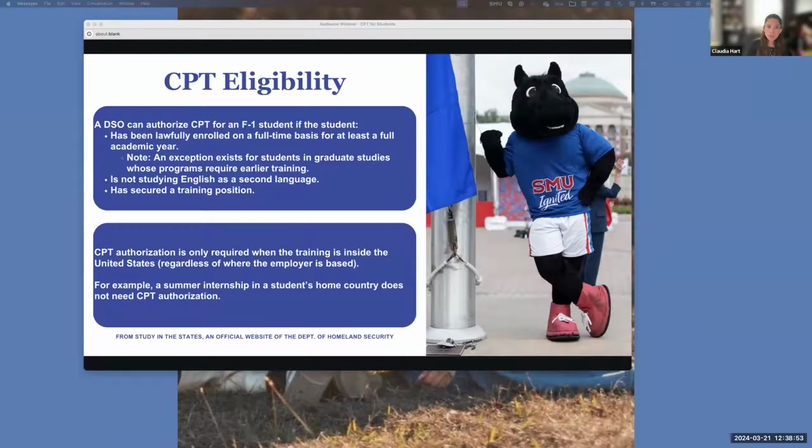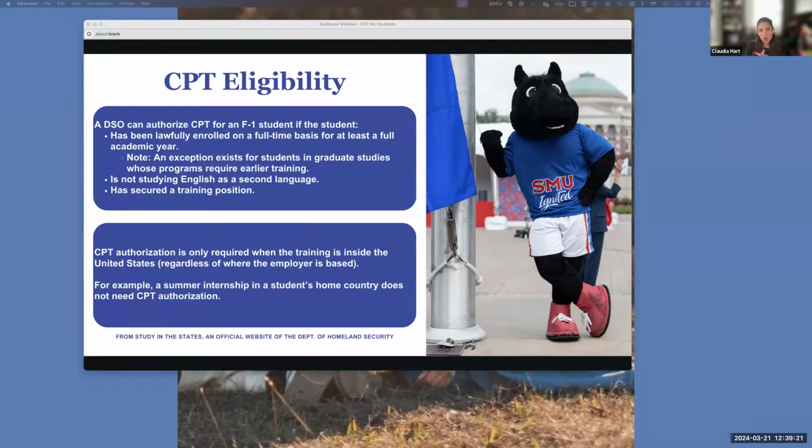I talked briefly already about CPT eligibility. I know that we use the term DSO, but let me explain who a DSO is. A DSO is a designated school official, a professional in the international office who has the authorization to grant work authorization for CPT. We are designated officials given that authority by the Department of Homeland Security.